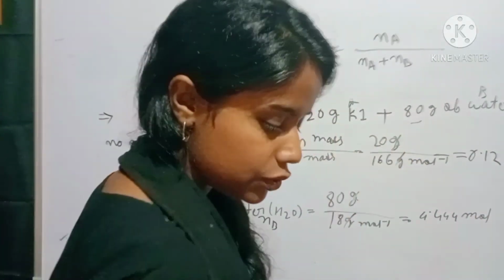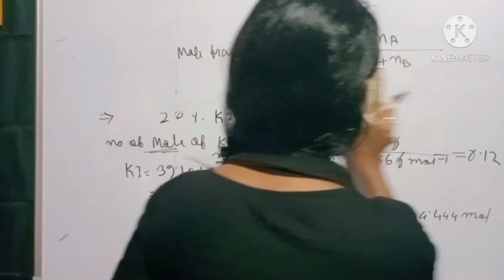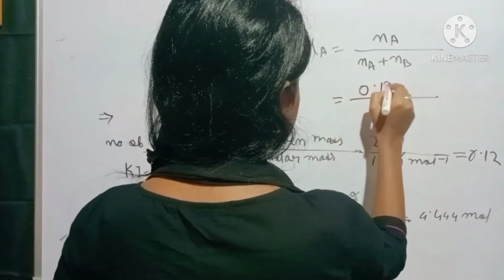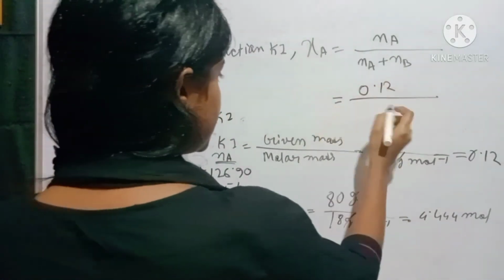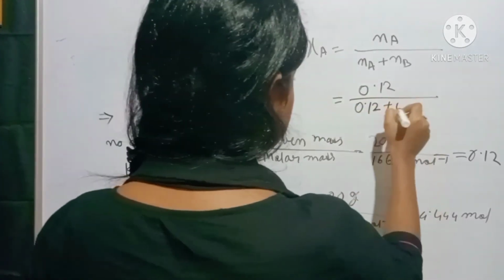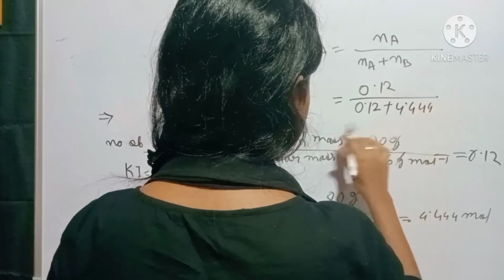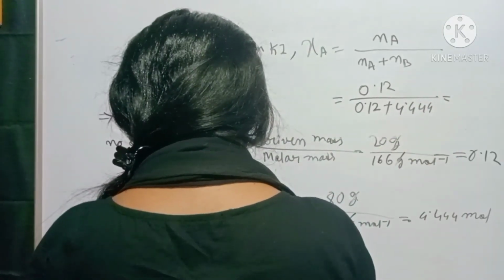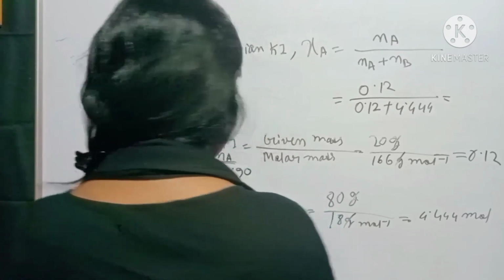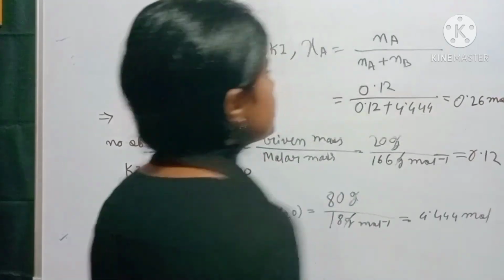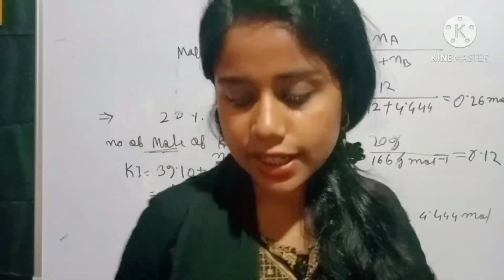We put this value in the equation: nA is 0.12 and nB is 4.444. If we calculate this, we get a value of around 0.026. So that's it for today's class.